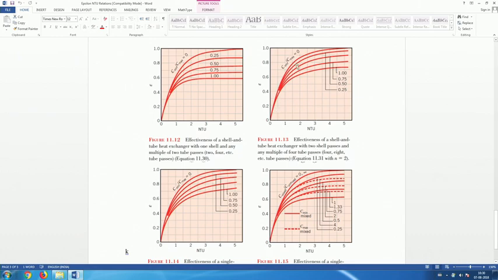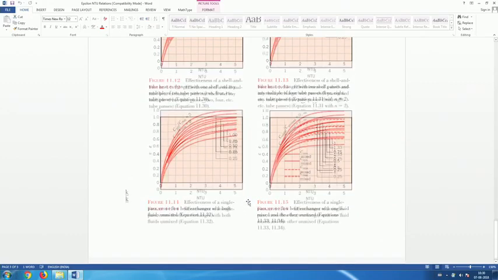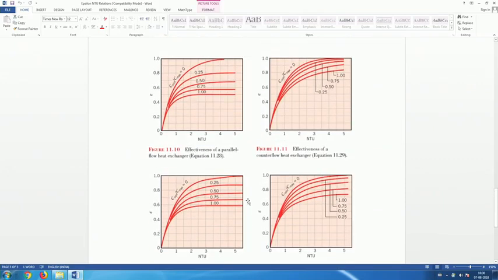So, that is the relation which has been provided. This is for cross flow heat exchanger, which one can see, but we are going to restrict ourselves to these 4 curves, and when we solve the problem we would see how the knowledge of epsilon can tell us what is NTU, or if I know the NTU for a specific process, can we calculate epsilon.